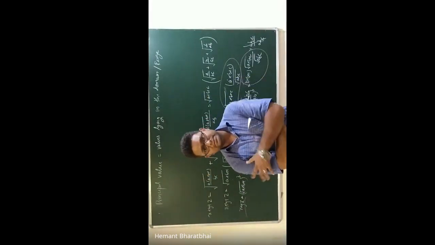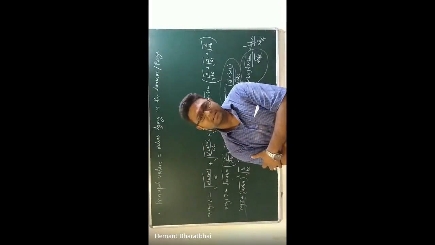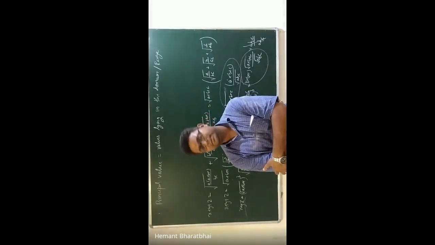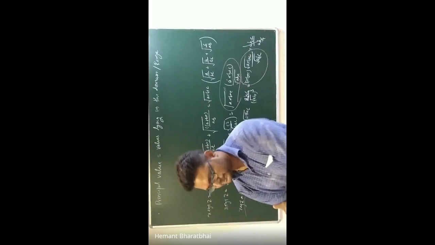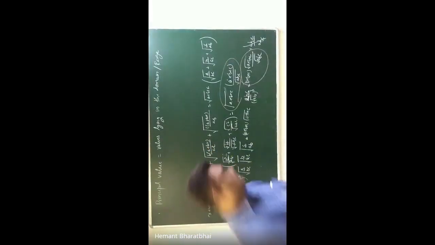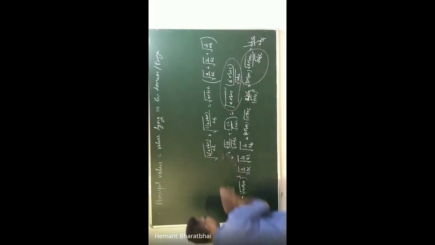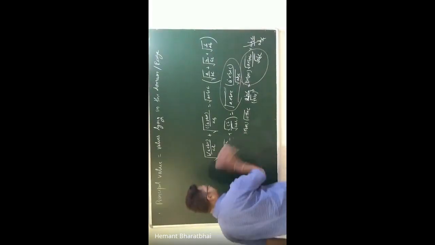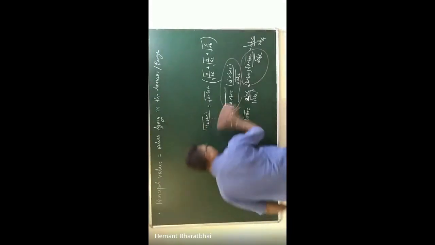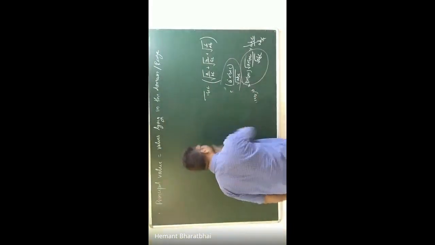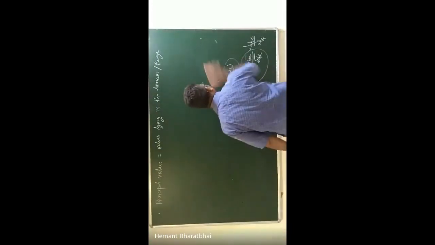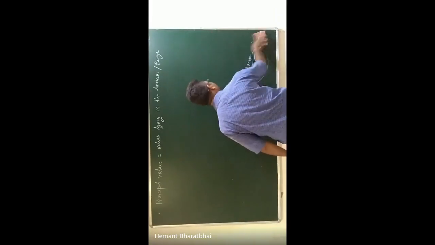So any value which is lying between these two, only that value will be called as the principal value, not any other value. Similarly, for cos, if the value is lying only between 0 to pi, it will be called as the principal value. Otherwise, it will not be called as the principal value. So let's see some numericals. You will get an idea as to what is principal value and how to find out the principal value.